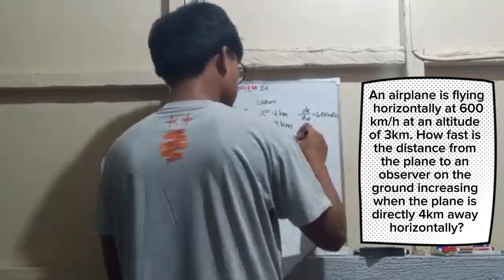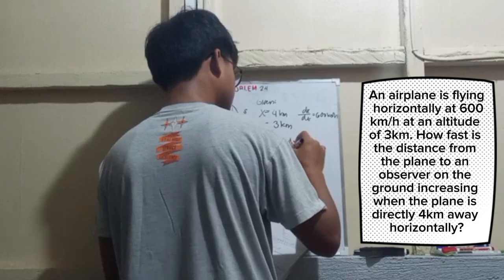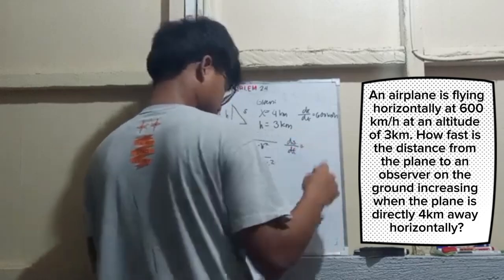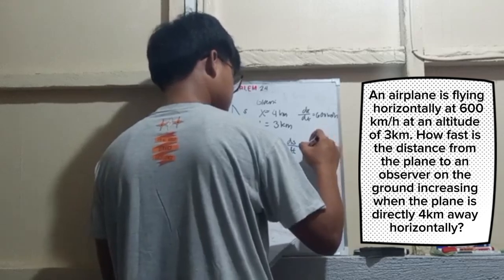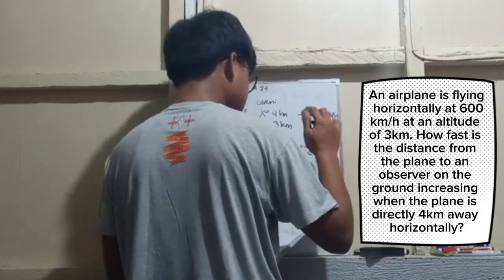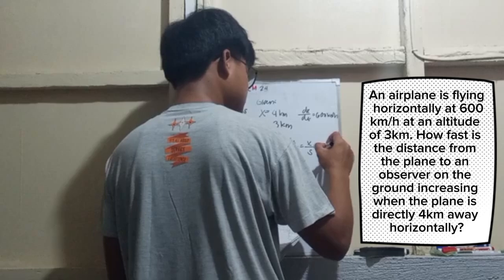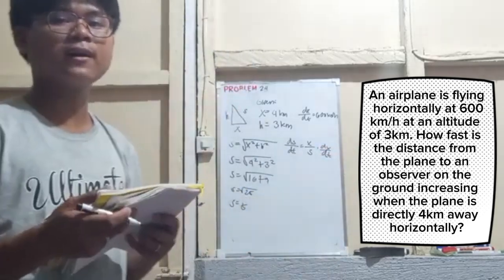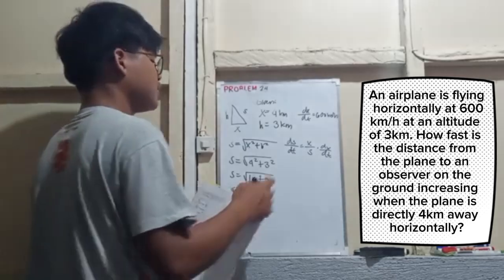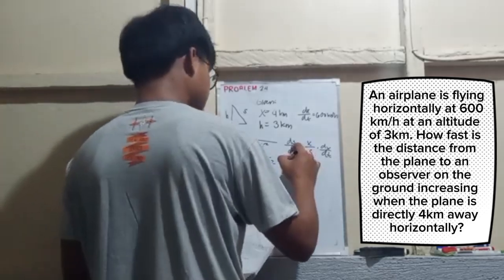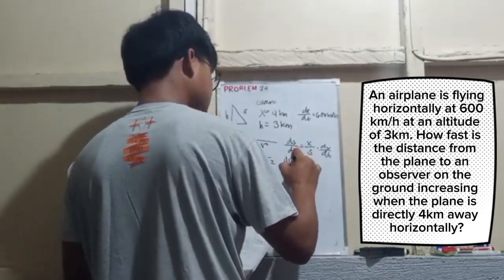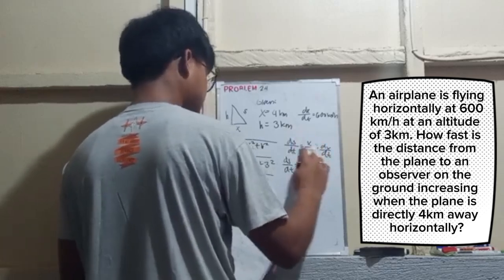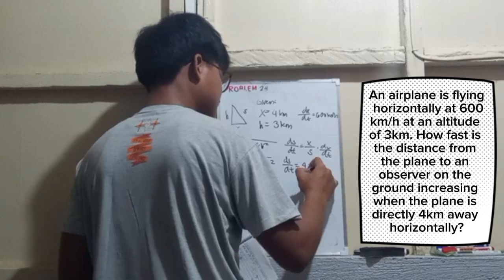Then, we'll now solve for the rate of s. So, we'll use the formula x over s times dx over dt. And now, we'll substitute the given values into the formula. So, ds over dt is equal to, x is equal to 4 and s is equal to 5.